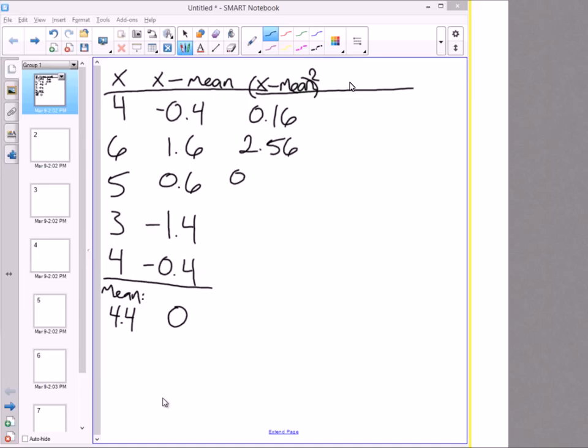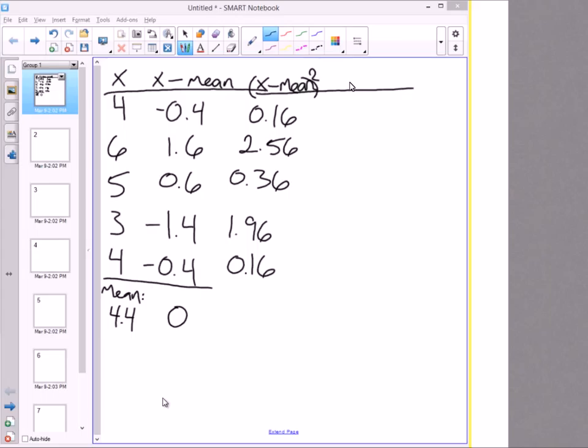And negative 1.4 squared. 1.96. And then we already did the calculations for negative 0.4, and we had our 0.16. All right. So now we squared it, got rid of all the negatives.